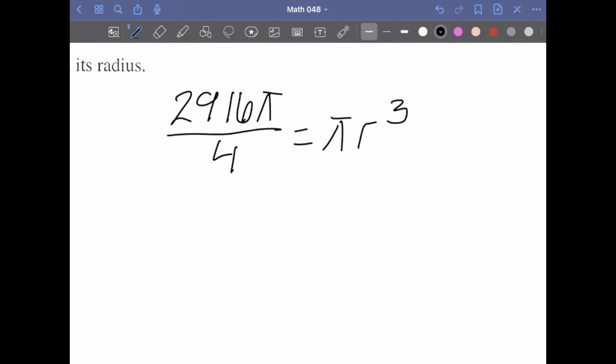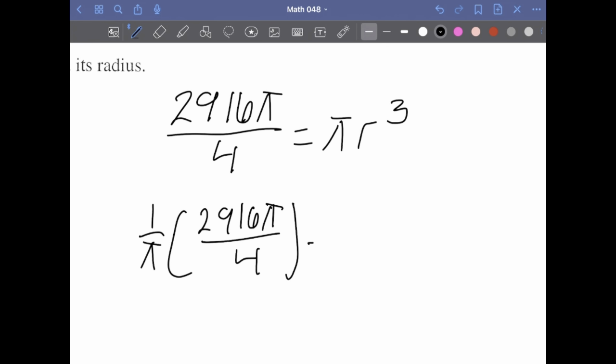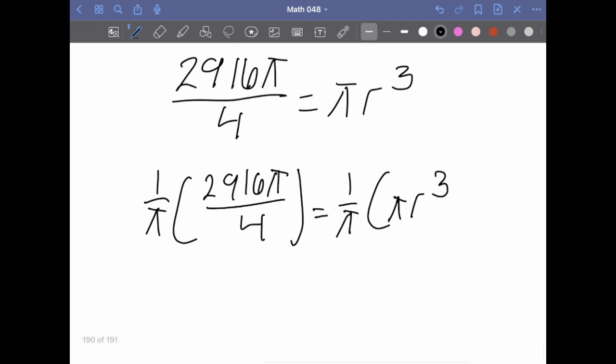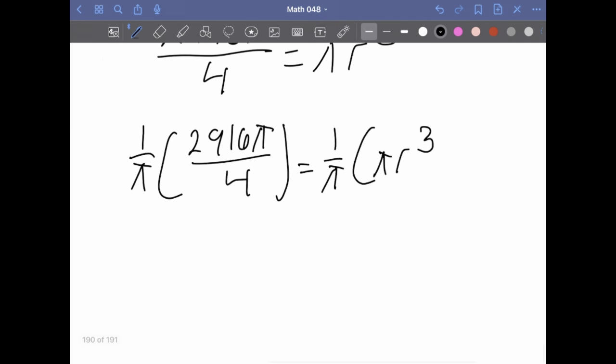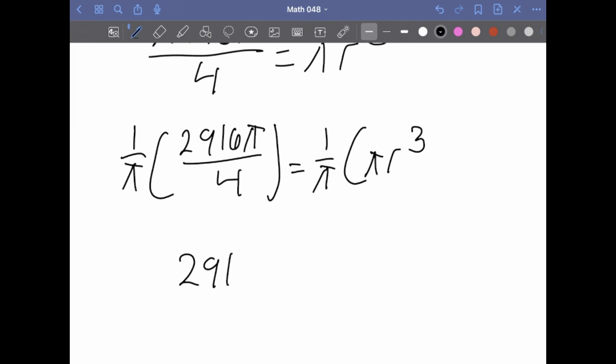So that's 1 over pi times 2,916 pi divided by 4 equals 1 over pi times pi r cubed. So you're left with 2,916 divided by 4, and now you're just left with r cubed.